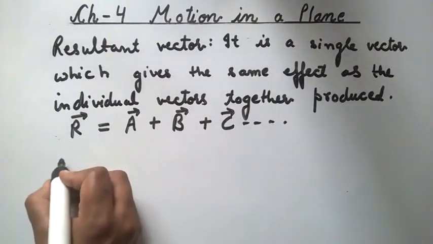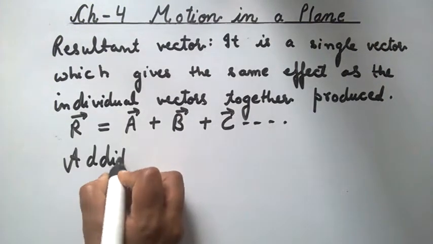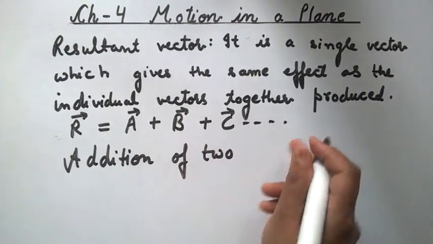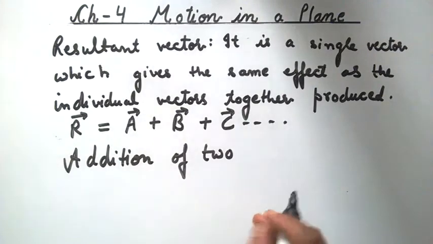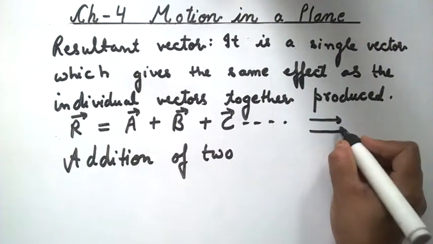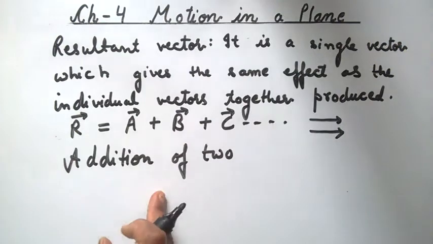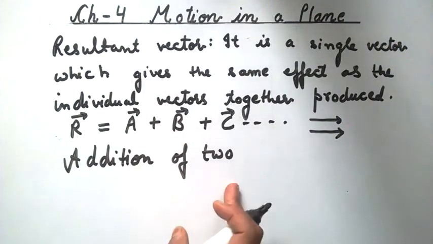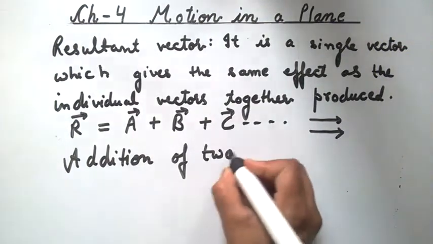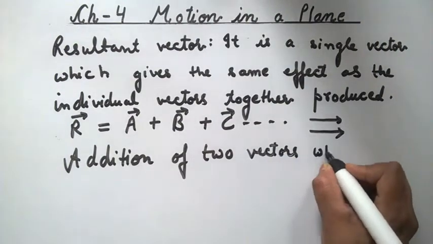Now, addition of two vectors when they are pointing in different directions. We have seen addition of two like or anti-parallel, that is unlike, vectors. Now, here we will add two vectors which are pointing in different directions by three methods.